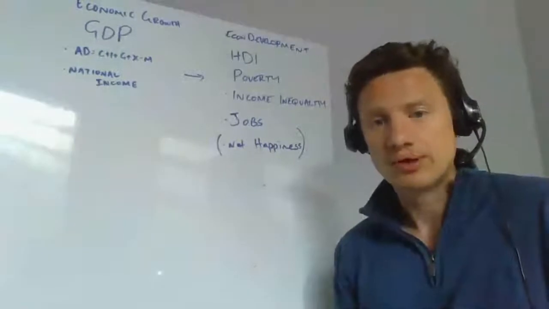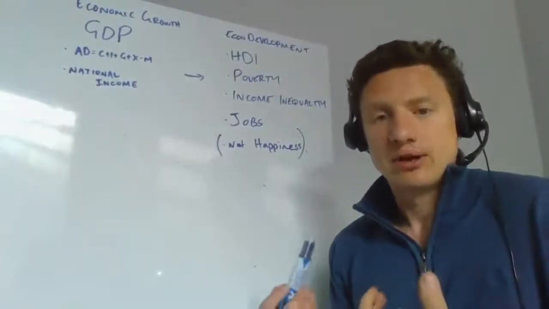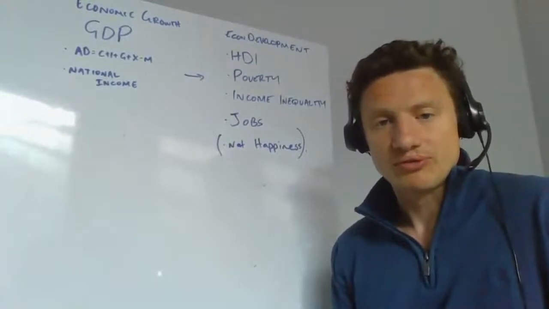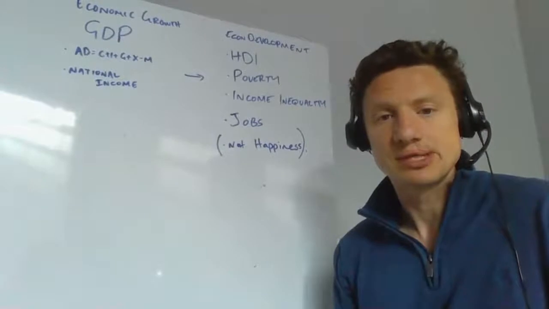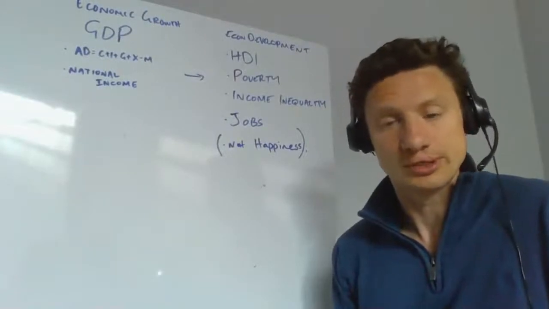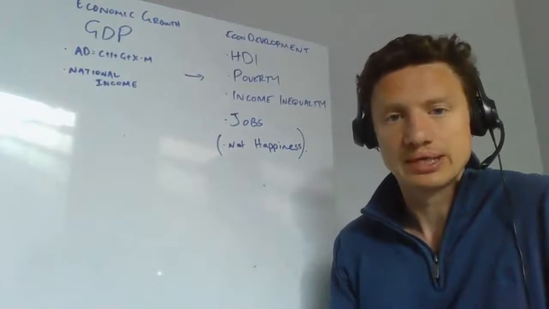So if somebody is earning underneath $1.90 per day, they are said to be in absolute poverty. Relative poverty, on the other hand, is normally taken as 60% of the median average income of a country. So it measures poverty within the country rather than absolutely in the world.